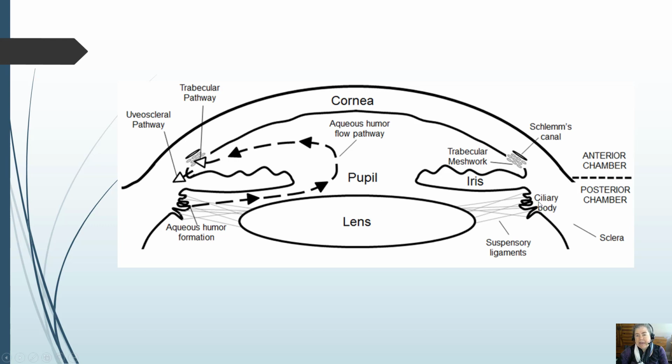The ciliary body is producing very continuously and slowly the aqueous humor, which then flows out between the iris and the lens into the anterior chamber and then leaves the eye through this thing called the trabecular meshwork, entering Schlemm's canal and finally emptying into extraocular veins.